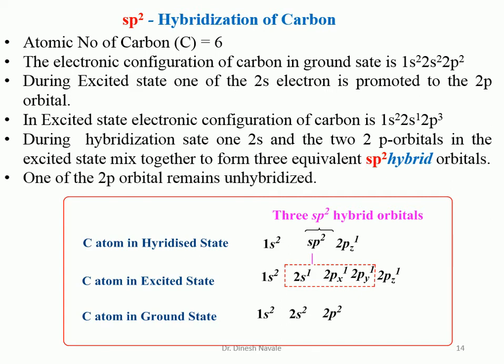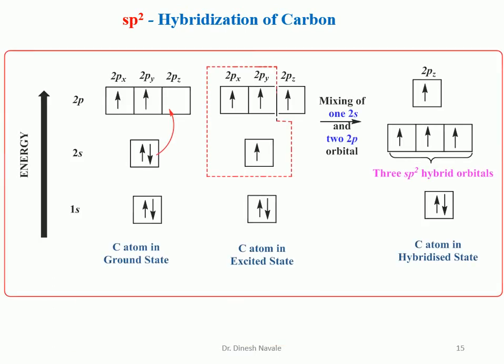So one of the 2p orbitals remains unhybridized, and this is the energy representation in the case of sp2 hybridization. We have the 1s orbital, 2s orbital and 2p, and the carbon atom has atomic number 6.